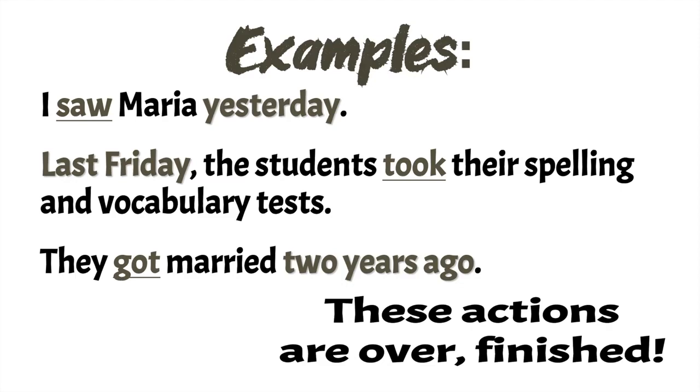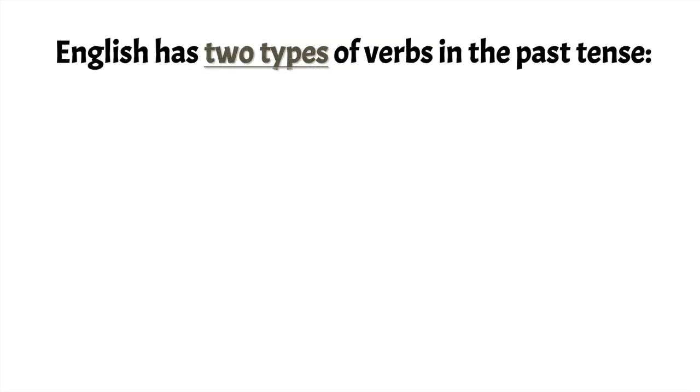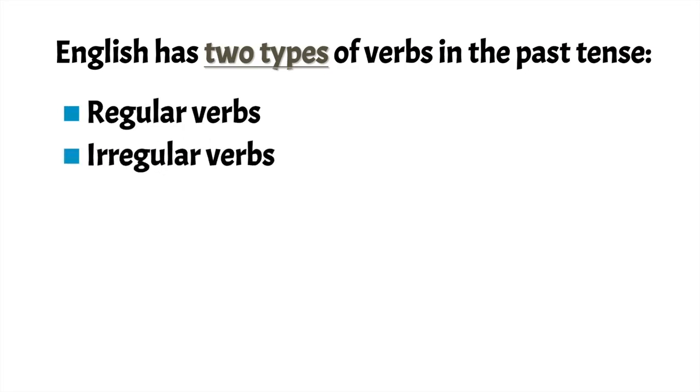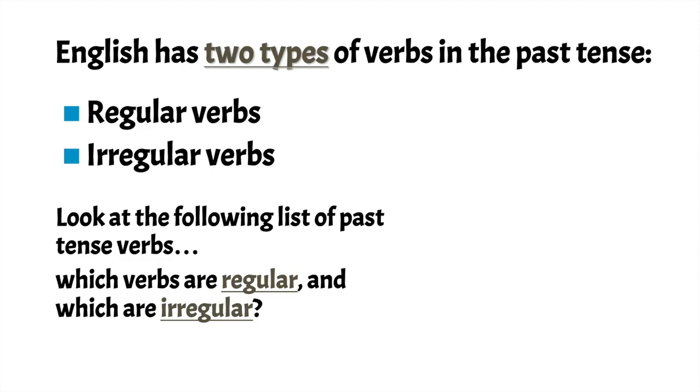They are all finished. So English has two types of verbs in the past tense. Regular verbs, as I said before, and irregular verbs.